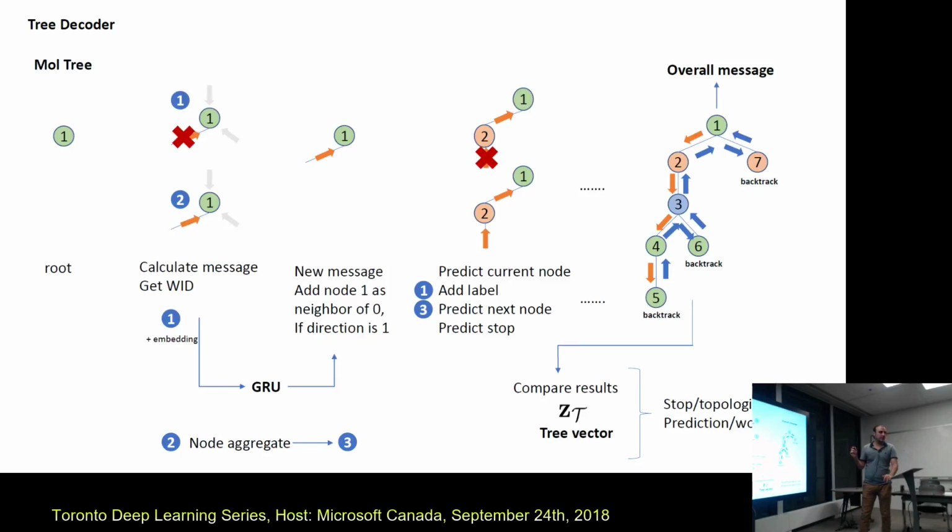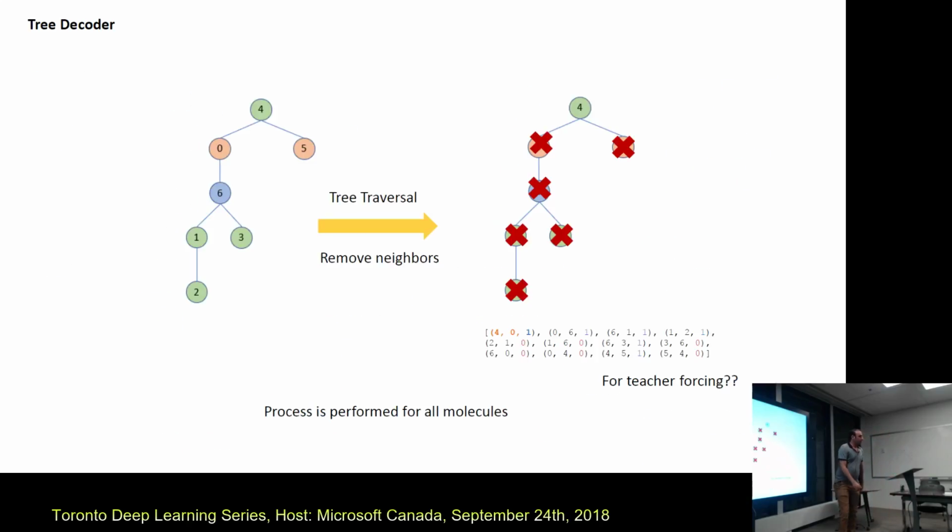Why do they do that? The decoder is trying to get back to the original, to decode the latent into the data you started with. So you started with some molecules, you encode them, and the decoder tries to create the same thing.